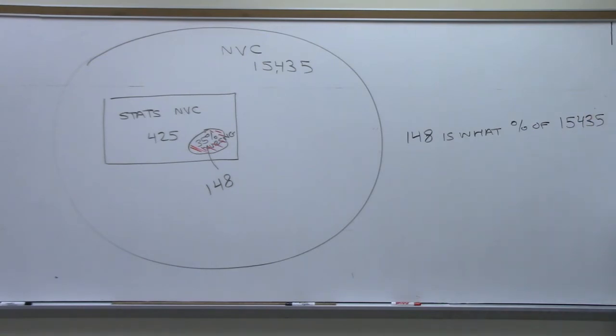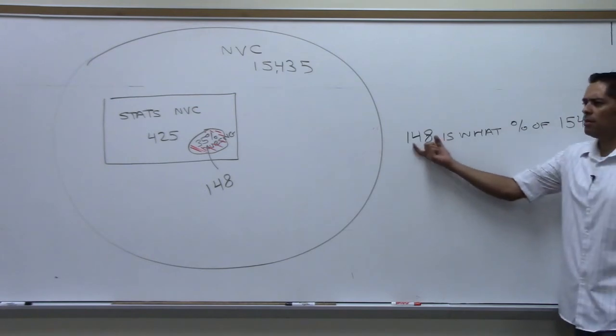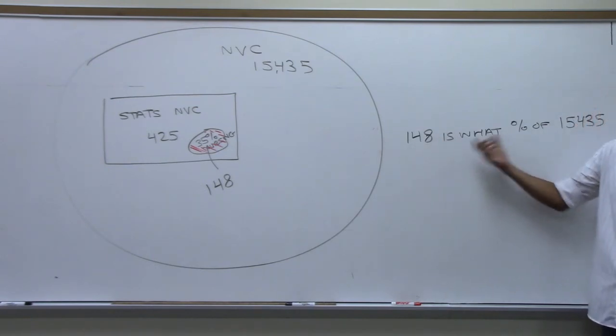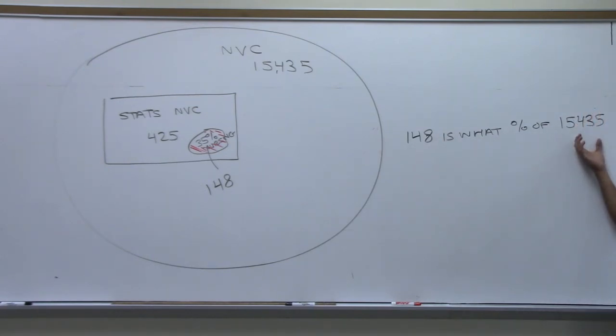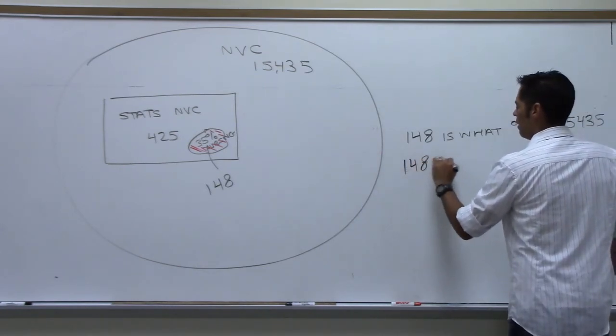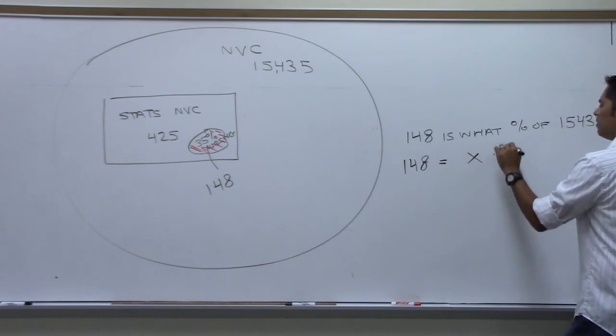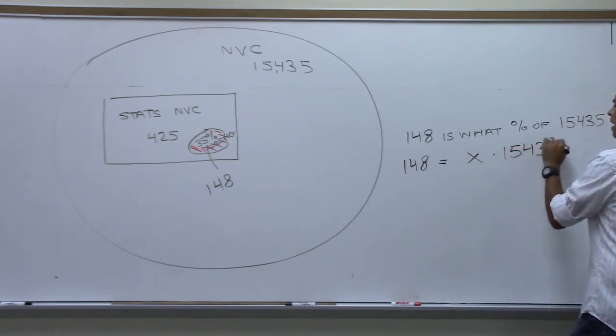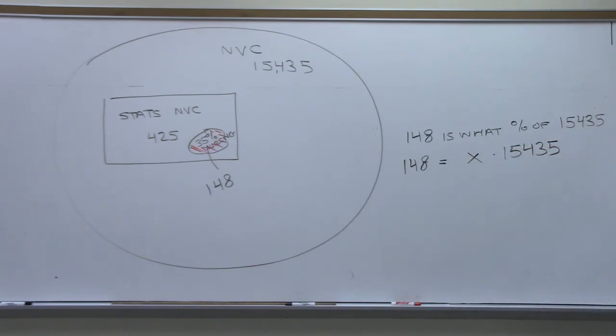Is that right? Does that make sense? We want to know 148 students is what percentage of the original population. So as an equation, 148 is x times 15,435. So somebody do that, 148 divided by 15,435.